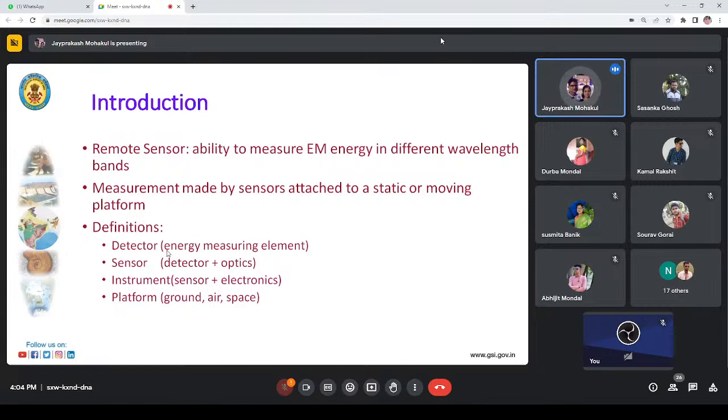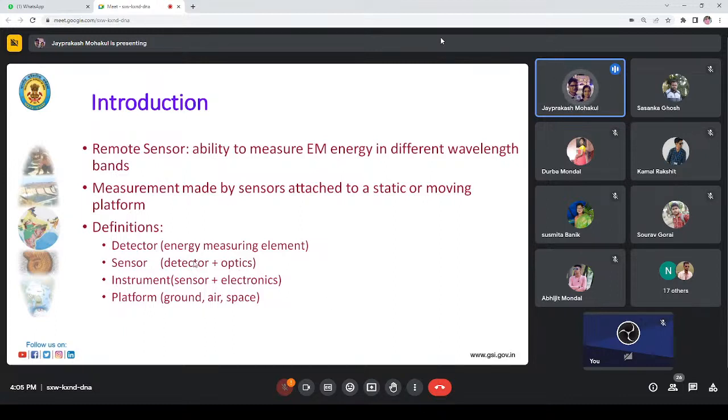So in optical remote sensing, light is routed through either only a lens or through a lens and a combination of mirrors, right? Then eventually it falls on the detector, right? And then the instrument is a combination of sensor plus electronic devices. The detector measures the energy which goes through some optical lens and a combination of mirrors.